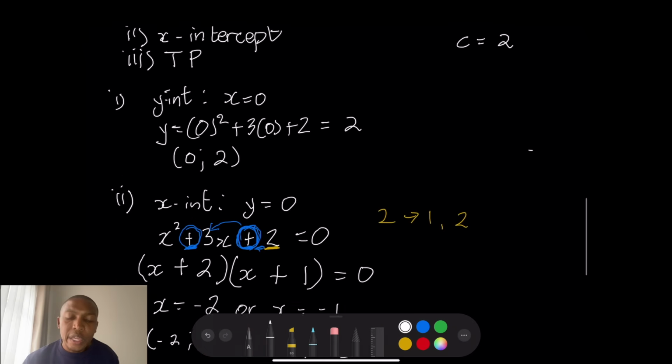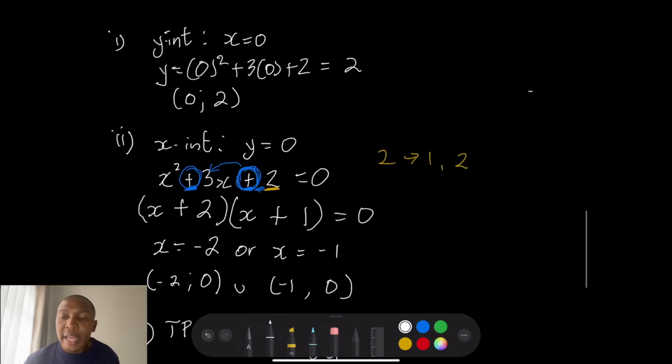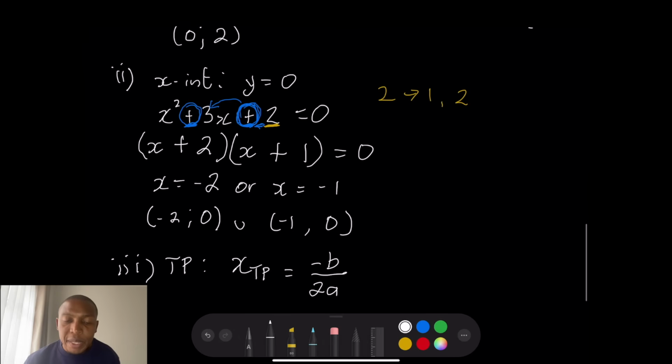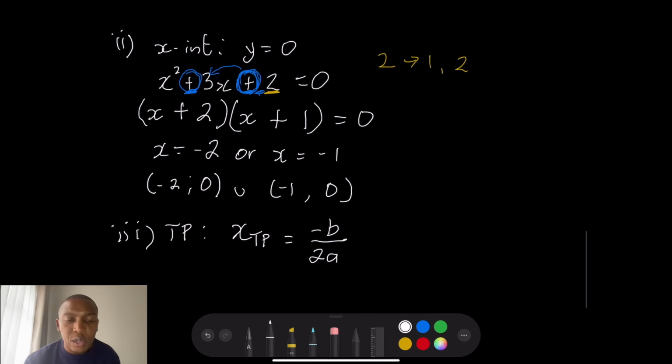So now I'm going to say, that's minus, let's substitute, our b value is positive 3, divided by 2 times my a value of 1.